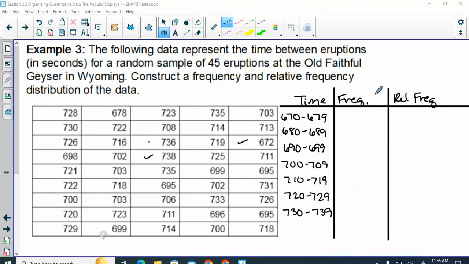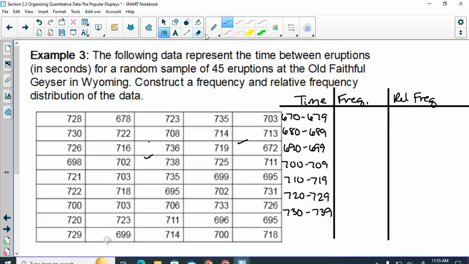So how many do we have between 670 and 679? Oh, 2. Thank you. 680 to 689. Oh, 3, sorry. Between 680 and 689? I didn't think there were any. Oh my god. We didn't do the one.